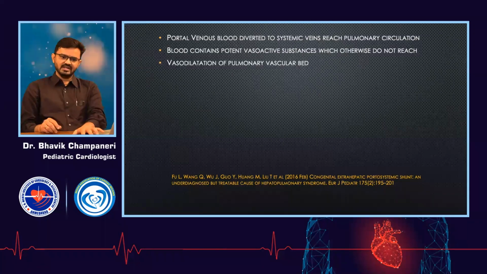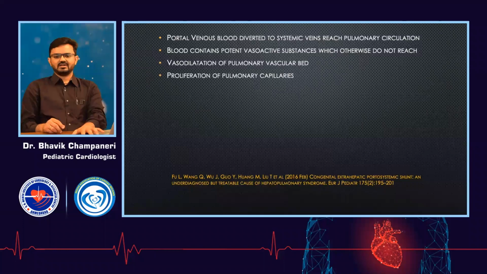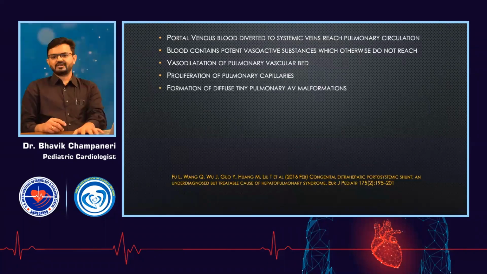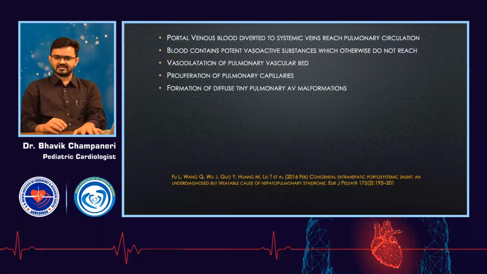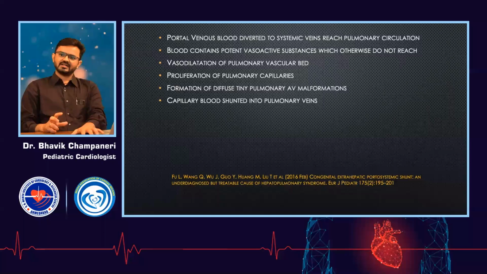These vasoactive substances cause vasodilatation of the pulmonary vascular bed, which eventually leads to proliferation of pulmonary capillaries and development of diffuse tiny pulmonary arteriovenous malformations, which in turn lead to capillary blood being shunted into the pulmonary vein, causing cyanosis. This symptomatology is called hepatopulmonary syndrome.